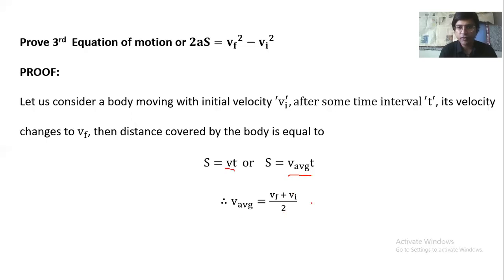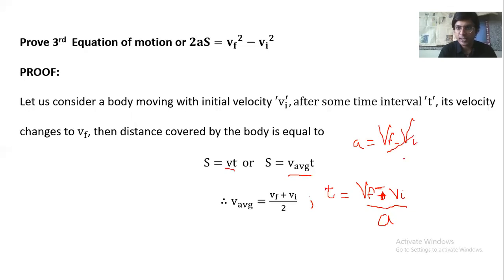Another formula we will be using is the formula for t. Previously you have learned the formula for acceleration: A is equal to Vf minus Vi upon t.